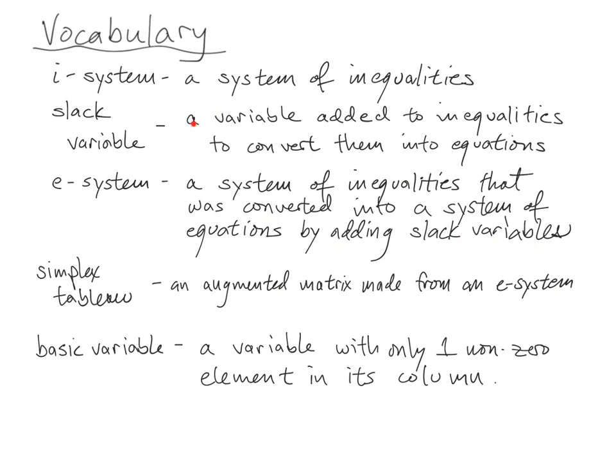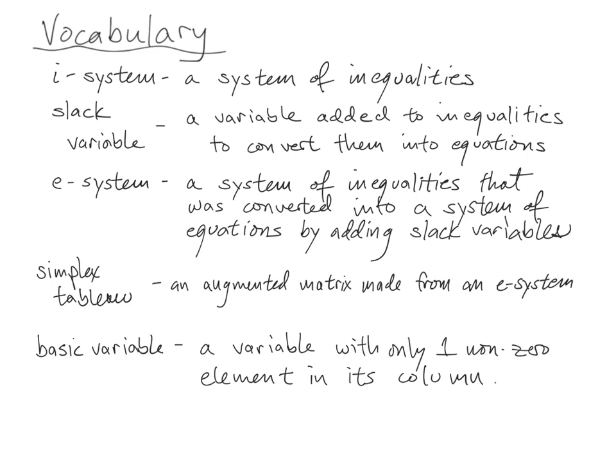So when we take these slack variables and add them to inequalities and get equations, it's that system of equations that we get. A simplex tableau is an augmented matrix made from an E system. So once we get our system of equations, we will turn it into a simplex tableau, which is just a fancy specific type of augmented matrix.